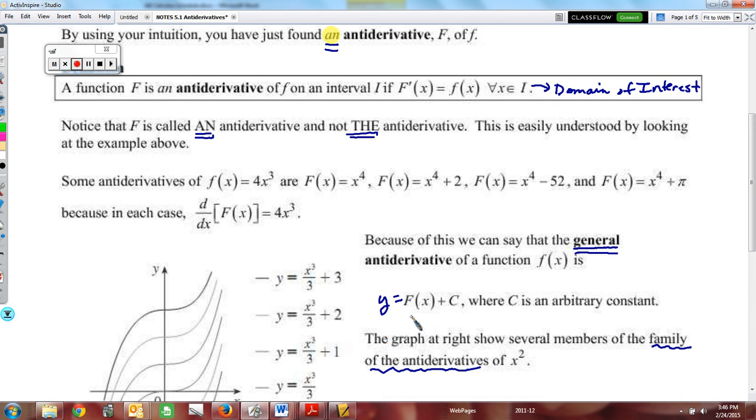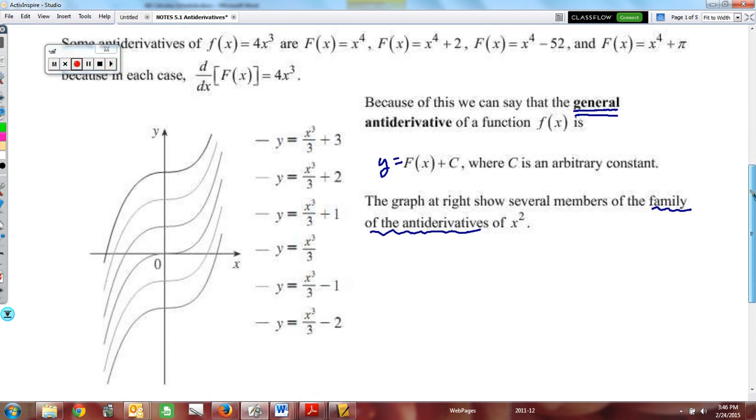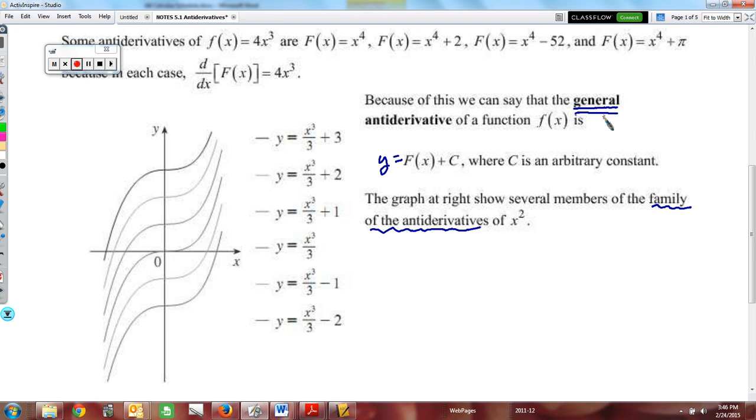We don't always know enough information to determine what this c is, but if they ever ask you for the general antiderivative, then what you want to do is say it's the antiderivative of what you have plus some constant. We'll do problems later where we actually have to find this. So if you take a look over here at the right, these are all antiderivatives of x squared. Now this is where you have to be careful.